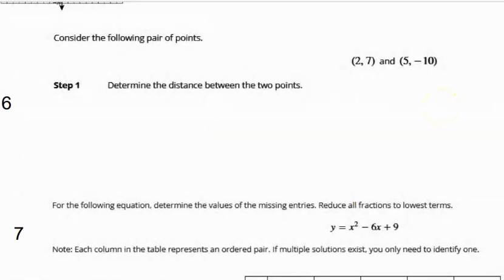Now, as we look at example 6, what are they asking? Determine the distance between the 2 points. So this is straightforward for distance. So let's just put that together here. So let's use this as x sub 2.